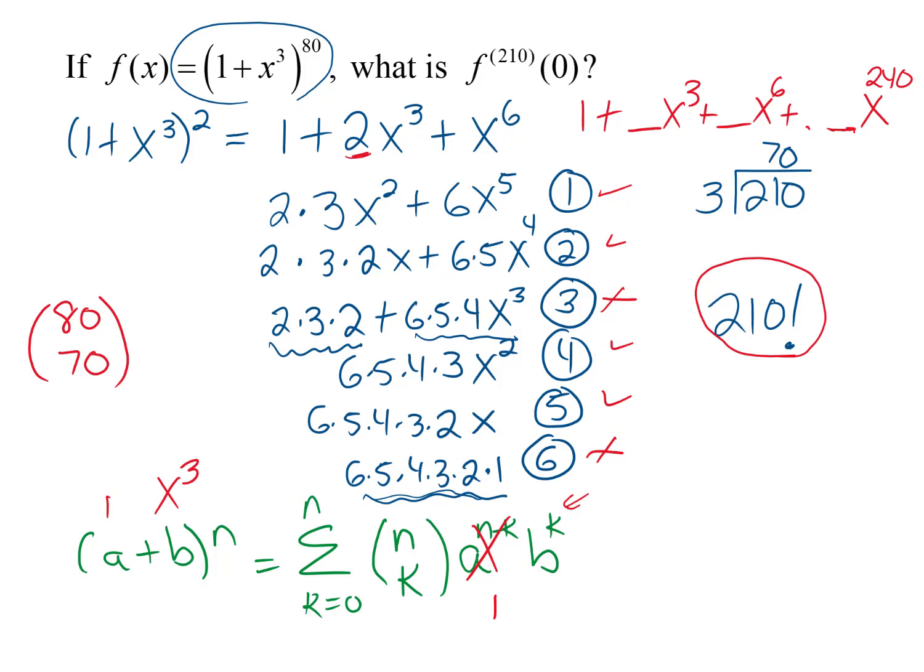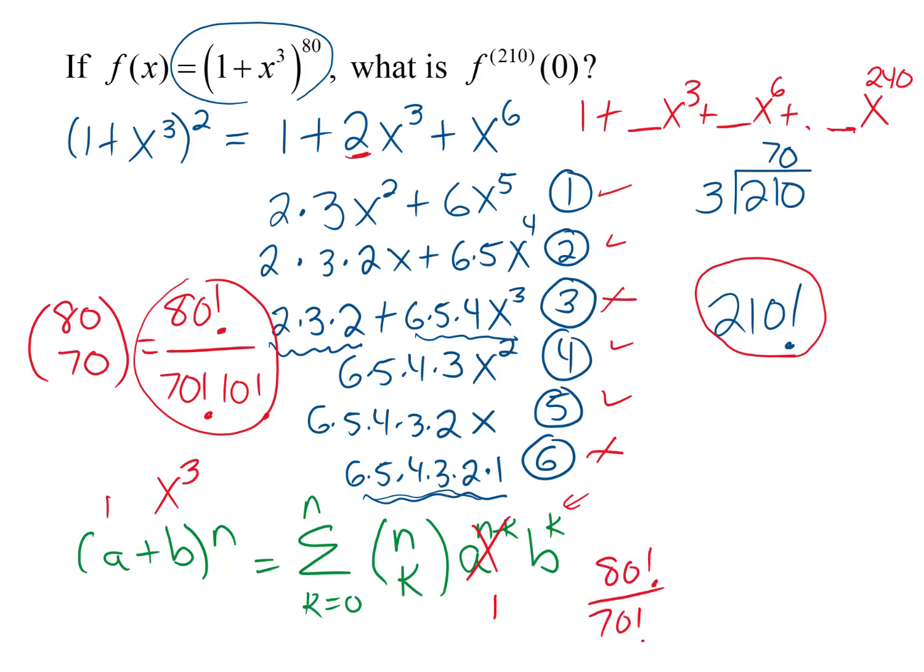So let's do this one, and the way this works is it's always the top number's factorial divided by the bottom number's factorial, and then the difference between the two's factorial. So this is the coefficient on the 70th term. The 70th term would have had this huge coefficient on it, and it would have had an x to the 3rd, 70 times.